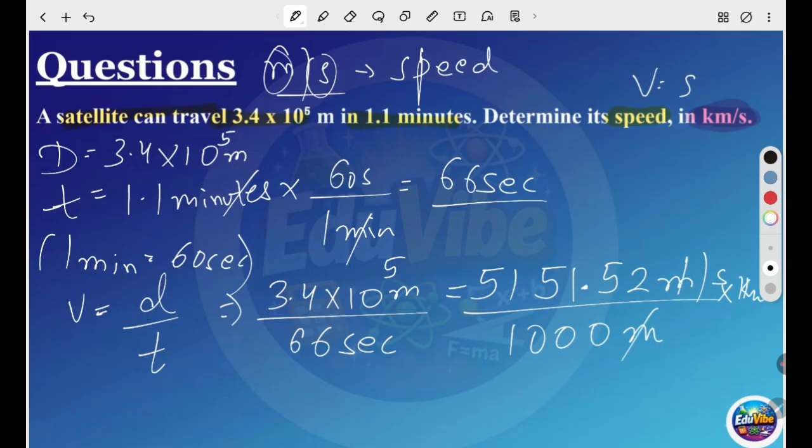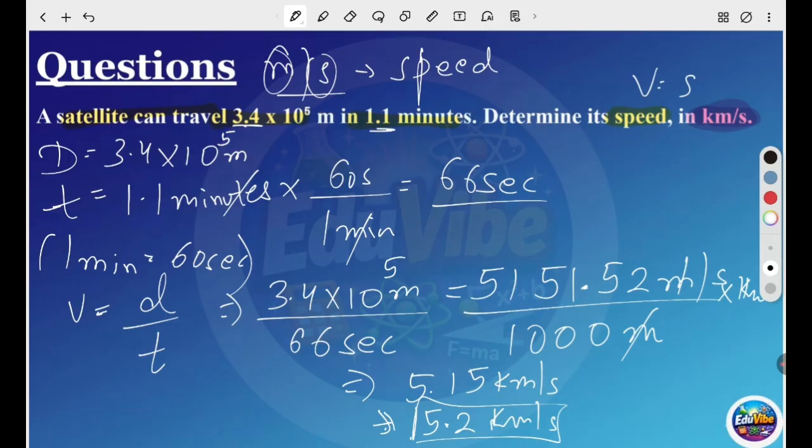The meters cancel out, and we get our answer, which is 5.15 kilometers per second. We need to round this, so it's 5.2 kilometers per second. So we get the speed in kilometers per second, which is 5.2.